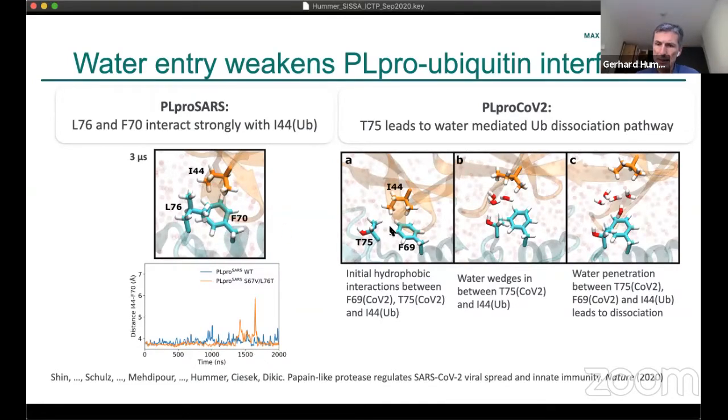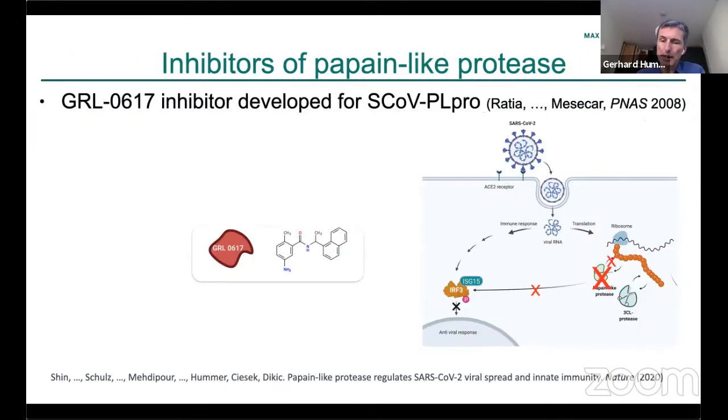What happens is that the change in hydrophobicity of the interface between threonine on the protease and the isoleucine on the ubiquitin can transiently lead to an accumulation of water. The more hydrophilic character lets water enter this two amino acid contact, and it is this consistent water entry that leads to dissociation.